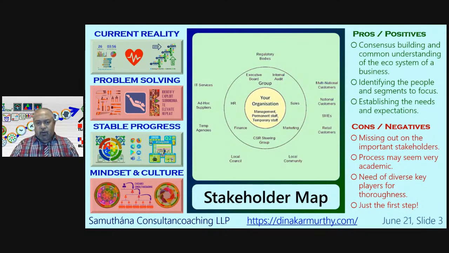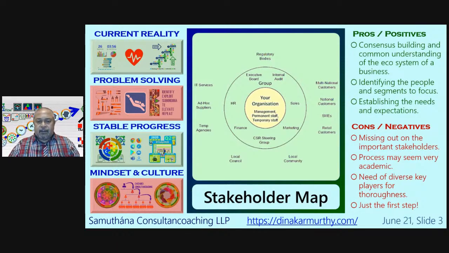Now, yesterday I spoke about the negatives and also spoke about the mitigation measures. The first one was to ensure that the missing out of important stakeholders is mitigated by ensuring that there is a diverse team, and that the diversity is ensured by making sure that you have an external facilitator for the stakeholder mapping exercise, so that the external facilitator can think of the necessary functions and necessary people to ensure sufficient diversity because of his diverse experience.